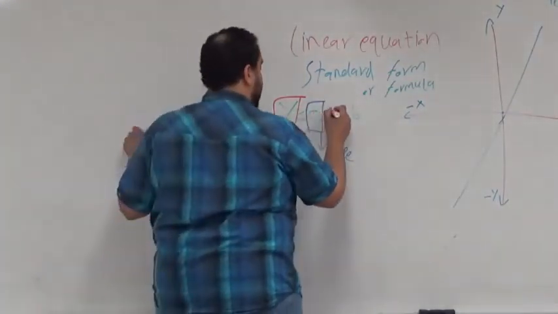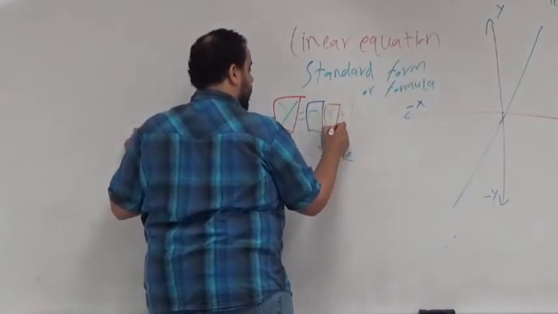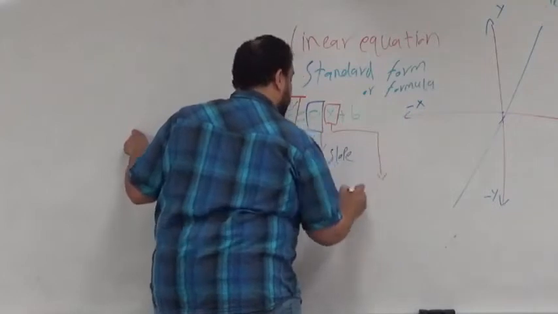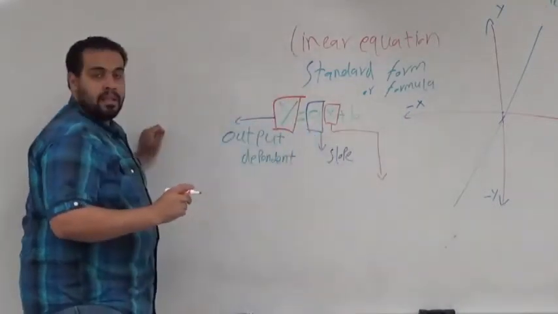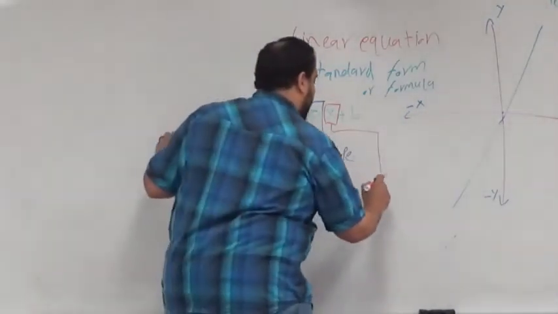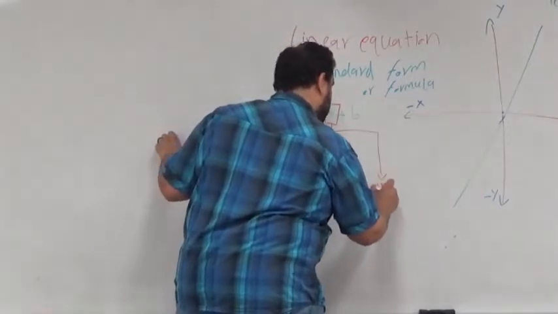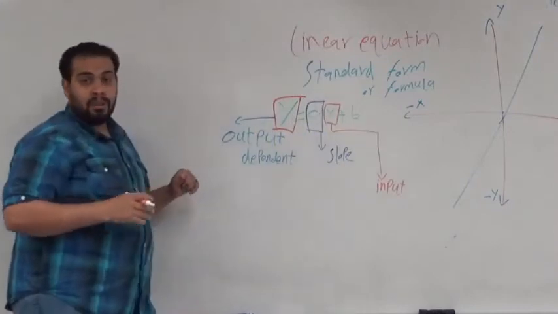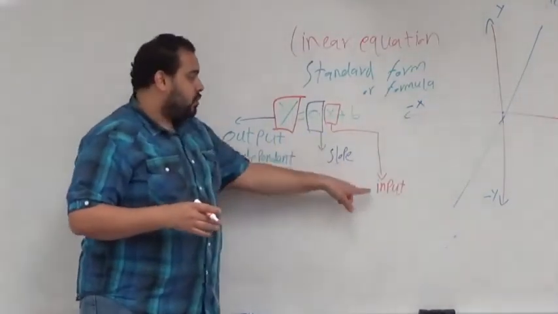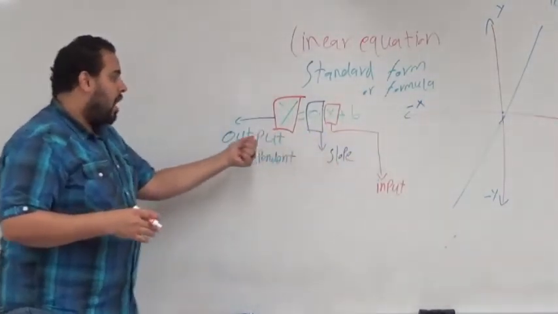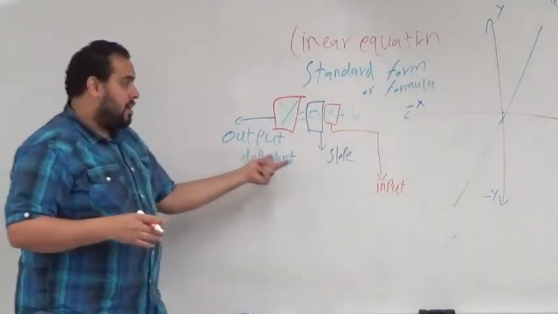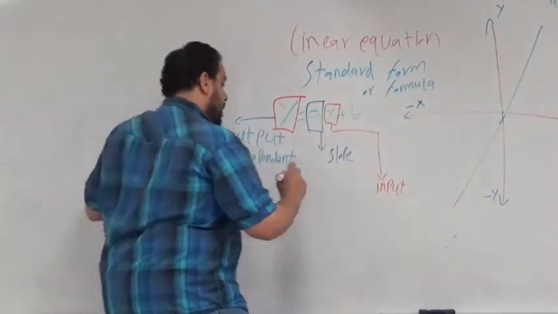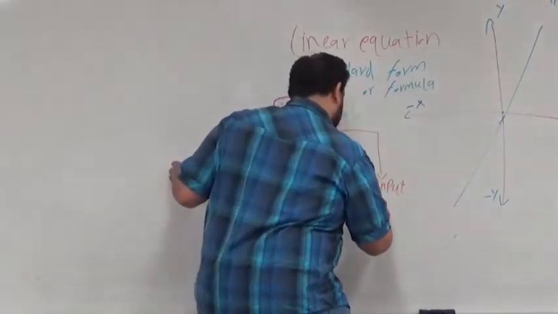Then after that, we move on. What is x? This Mr. X, the mysterious letter. So x is the input. I have x here as the input, and I have y as the output. Here, x is the input, or the independent, Mr. Independent.